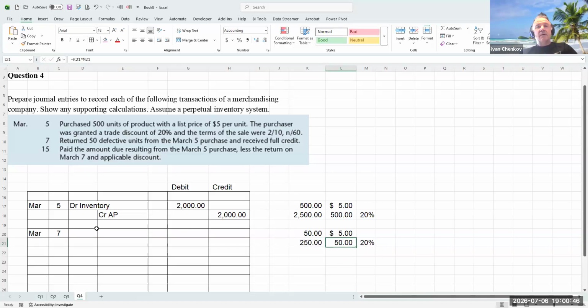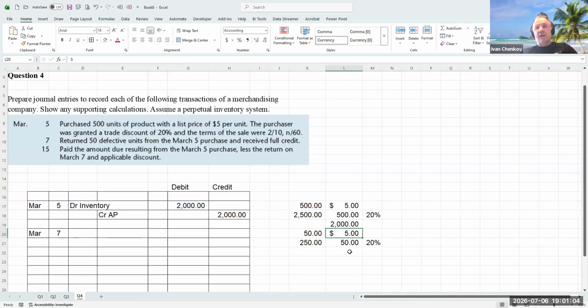So the goods that we return and for which we don't have to pay, the total value is $200. It's 250 minus the $50 discount, that's $200.